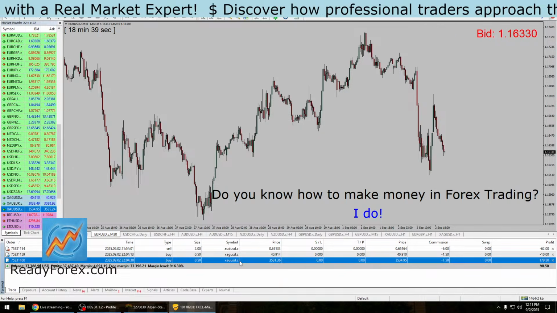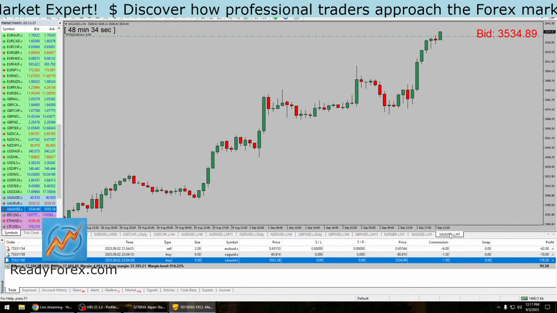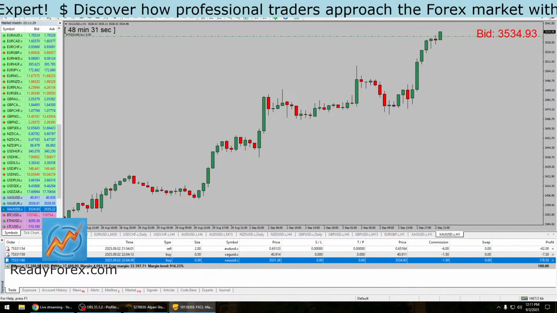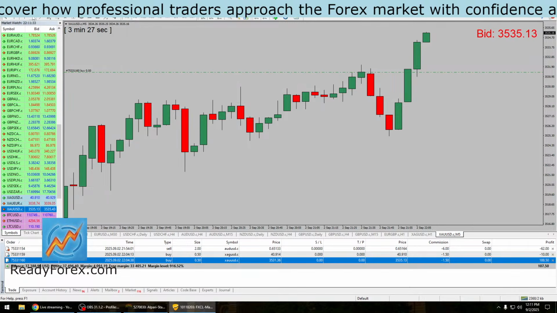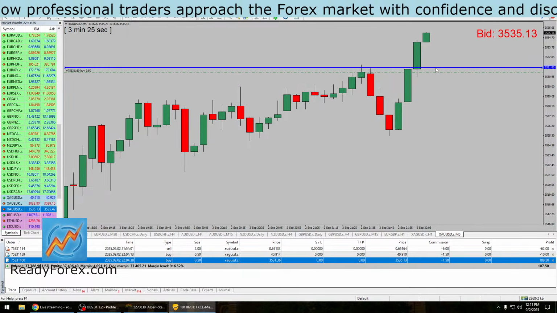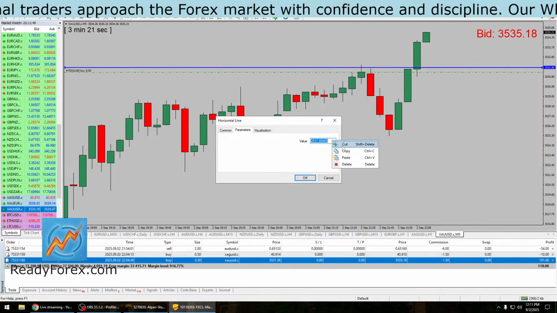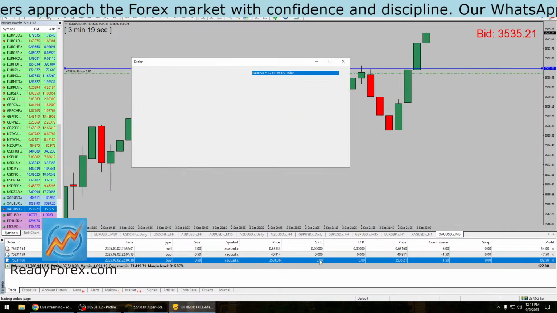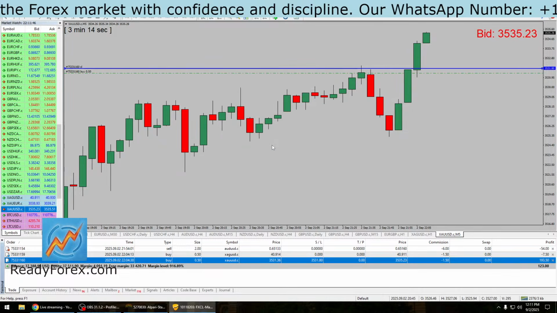Okay, the XAUUSD pair, the spot gold, is going up. Well, that's good to know. The number one thing to do is to place a stop loss over here, and I'm going to use a protective trailing stop first. So let me go over here, cut it, place a stop loss over here.